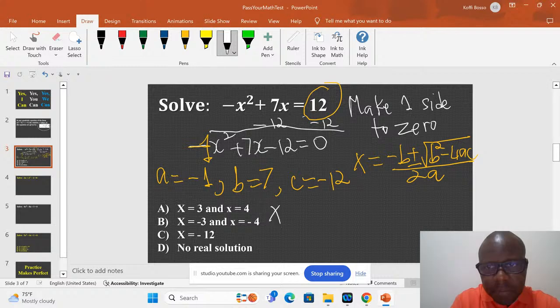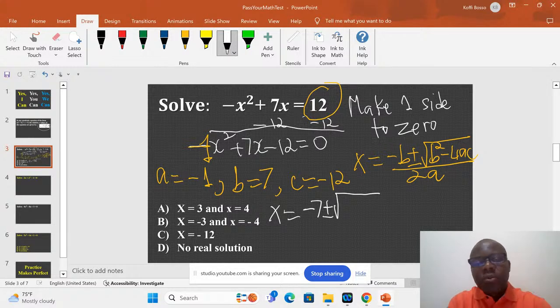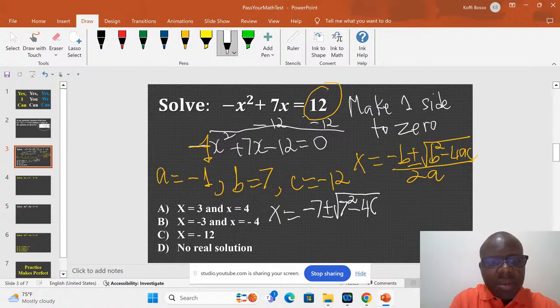The negative b means you're going to have a negative 7, plus minus square root of b squared. So b is 7. So if you square b, b squared minus 4a. A is negative 1, and the c is negative 12.